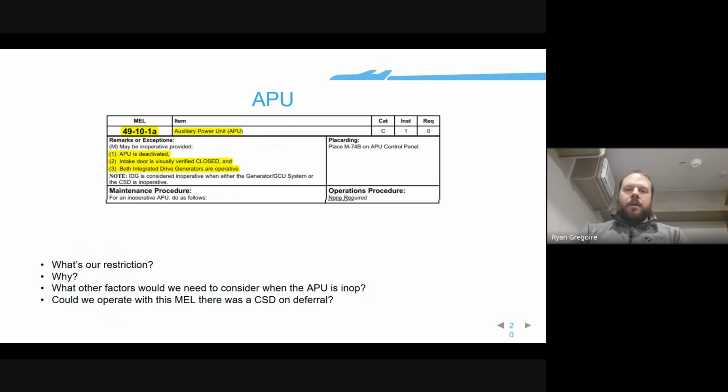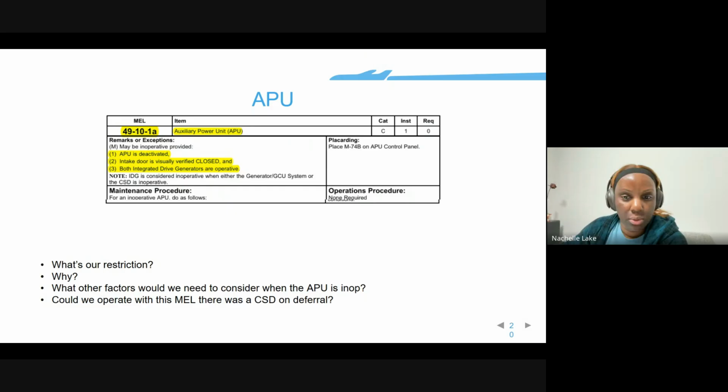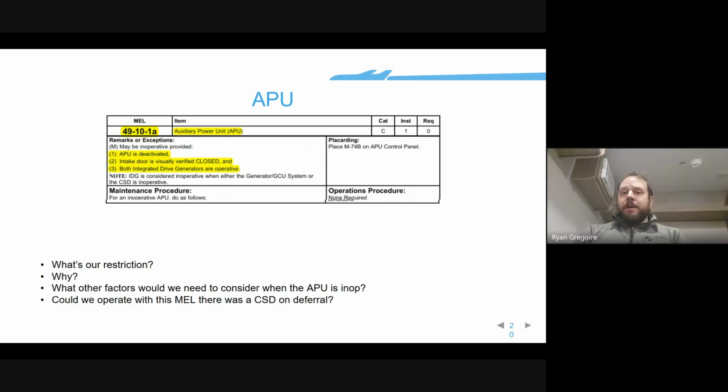Ground power and one other big one that goes hand in hand with an inoperative APU. Michelle. The jet bridge power. That would be a source of ground power. So you would either have a generator that you'd hook up, or there would be a shoreline connected to the jet bridge.